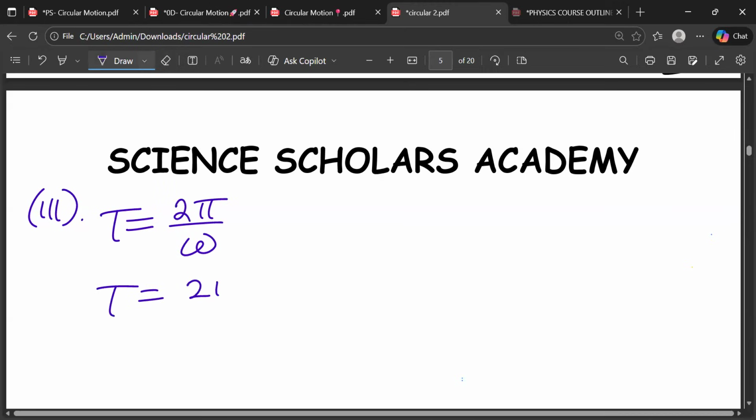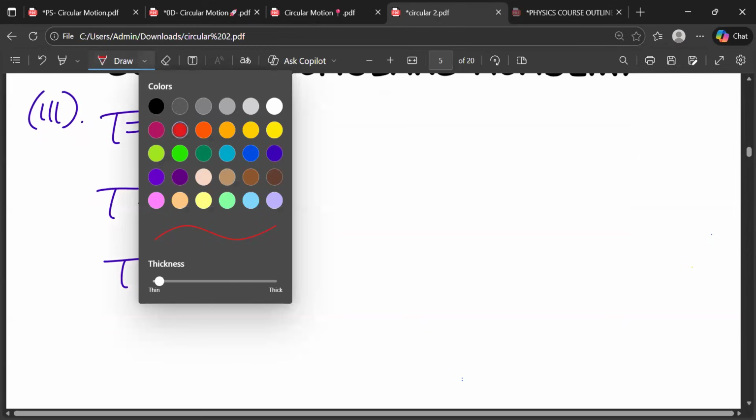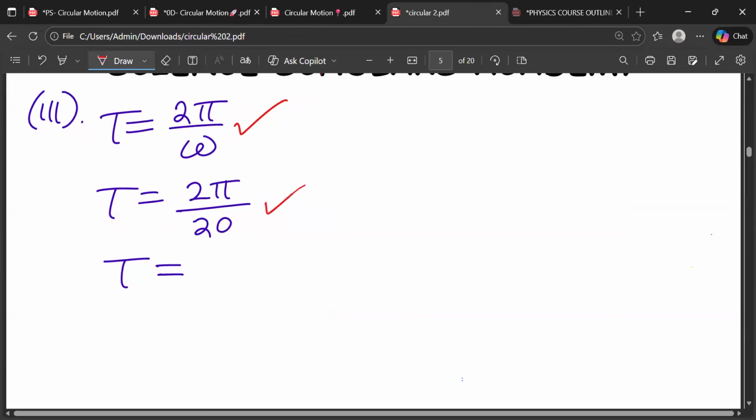You say 2 pi over the omega 20. So what is T? You people give me the answer, because I now don't trust my calculator. You have already decided to use 3 decimal places, so you maintain those.